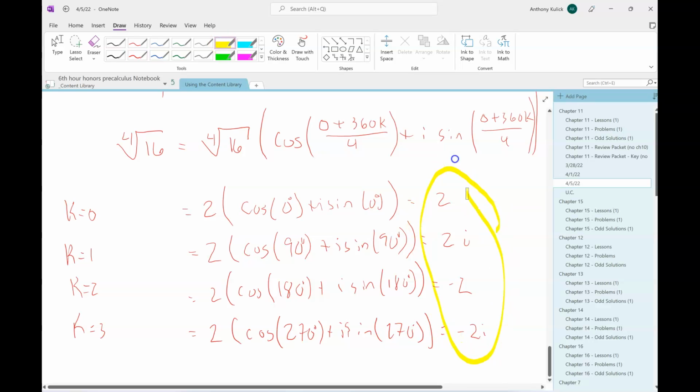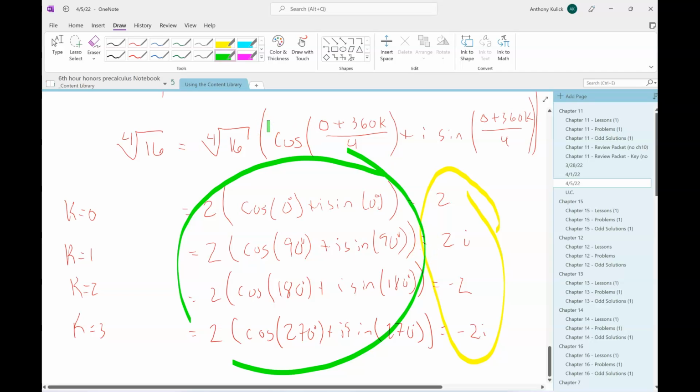So again, standard form answers, trigonometric form answers, depending on what your directions were asking for. Either is appropriate. And again, if you had gone to k equals 4, you would have just gotten cosine 360, sine 360, which is coterminal to cosine 0, sine 0.